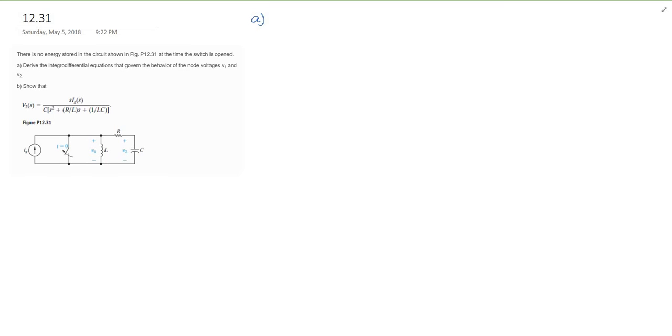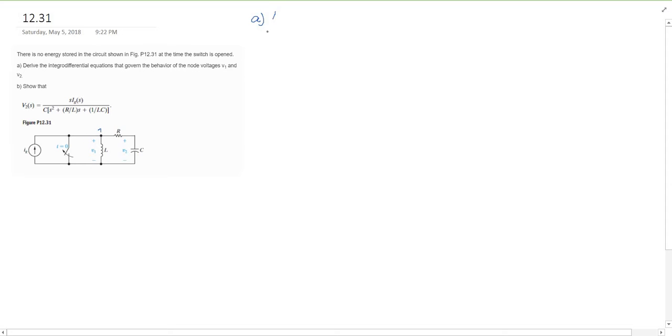We're going to apply Kirchhoff's current law at node 1, which is this one, to calculate the integral differential equation that provides the nodal voltage at V1. So we're going to start first with the inductor formula.